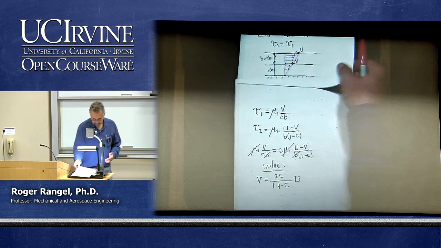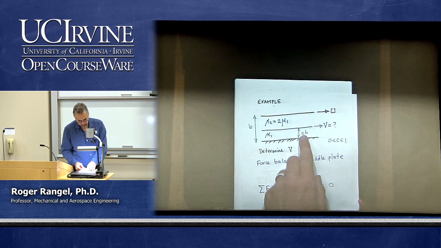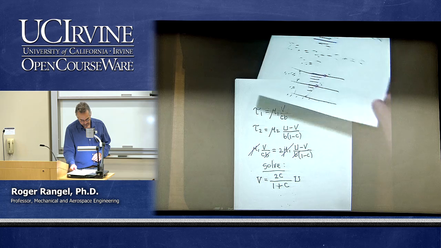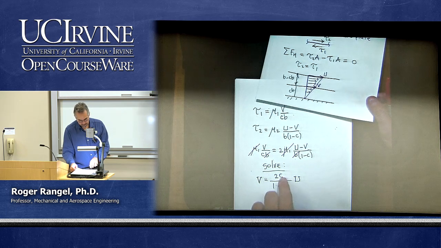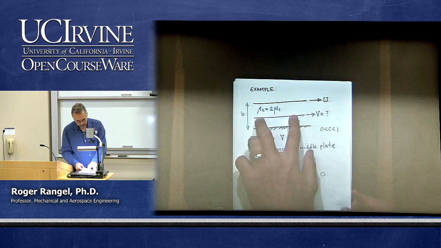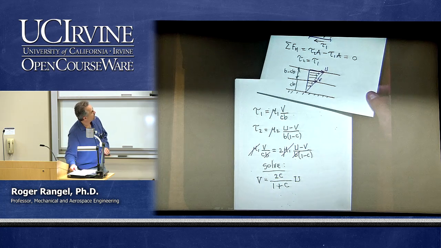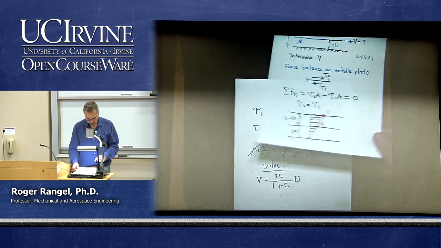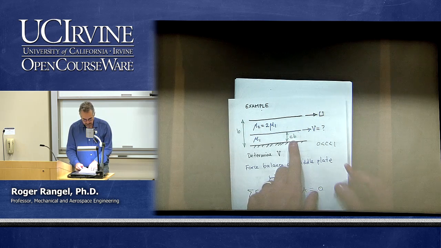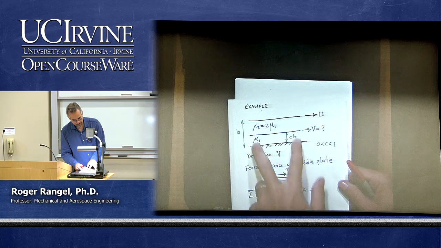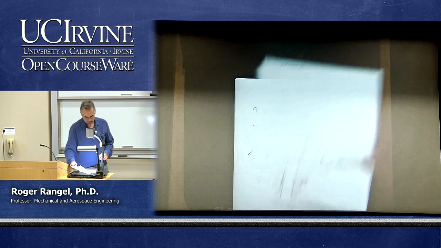You can verify the limits. If c is equal to 0, then it's like the lower gap doesn't exist. It's equivalent to bringing the middle plate all the way to the bottom, and therefore V is equal to 0. On the other hand, if you make c equal to 1, then you're essentially eliminating the upper gap. You're bringing the middle plate all the way to the top.